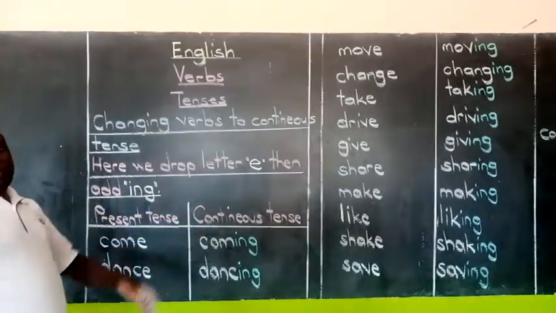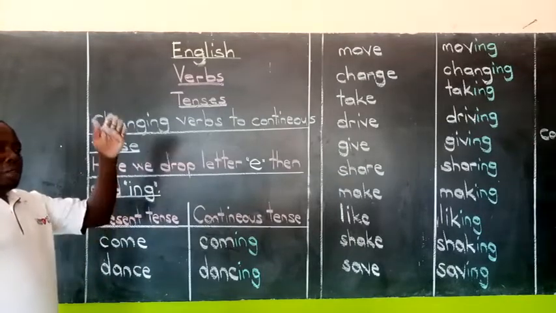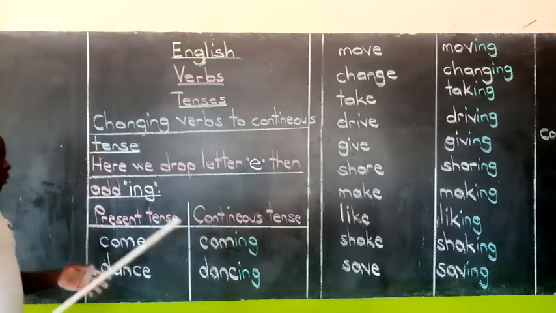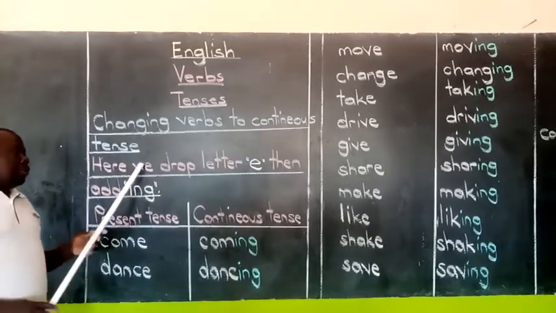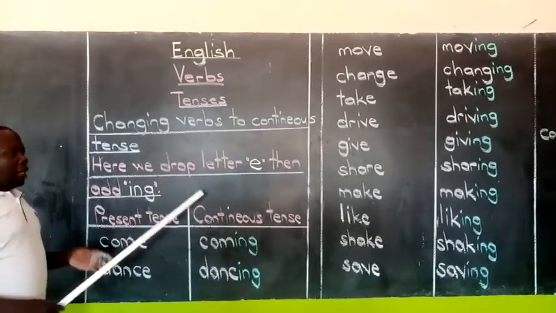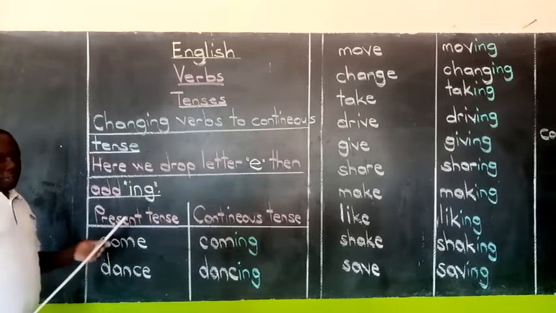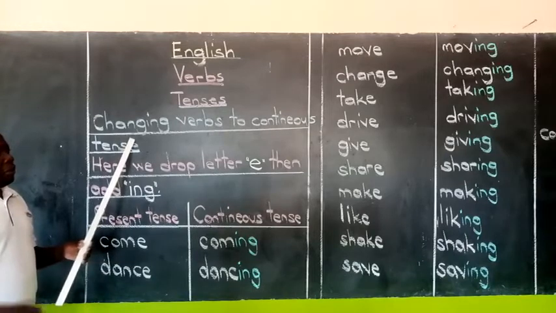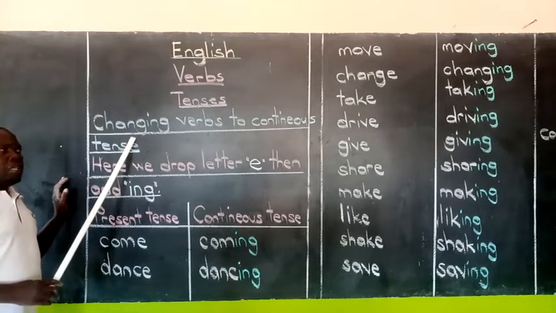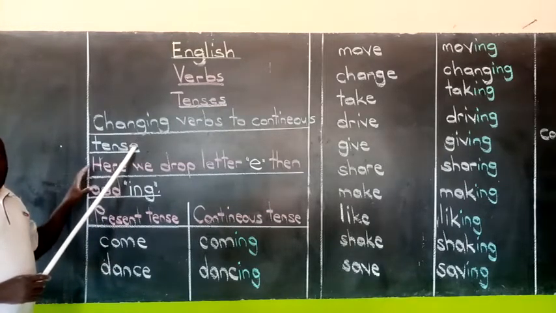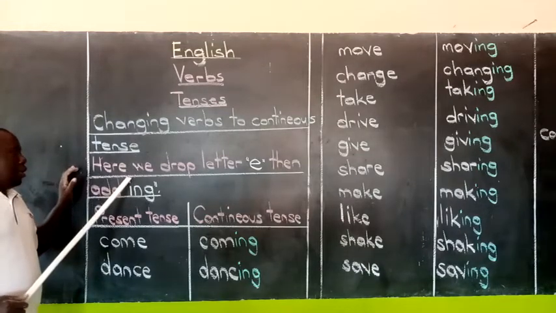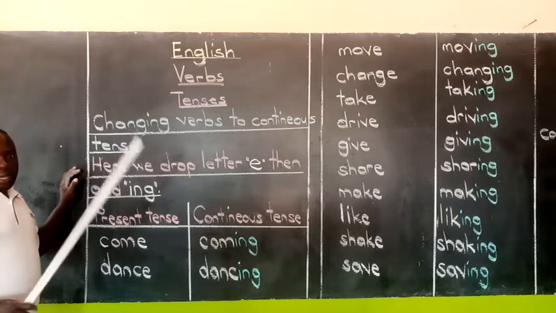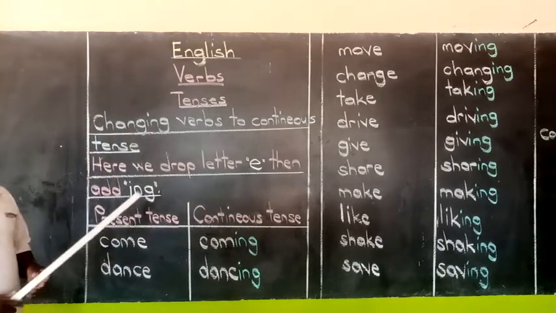Because of the space, but in the book you can write more and change them to continuous tense. I've given you the instruction that you drop E, then add ing.